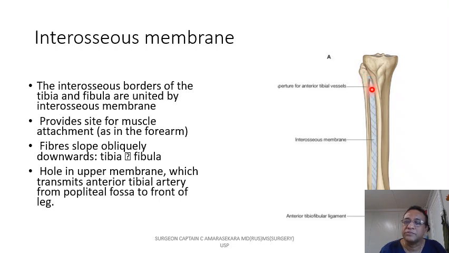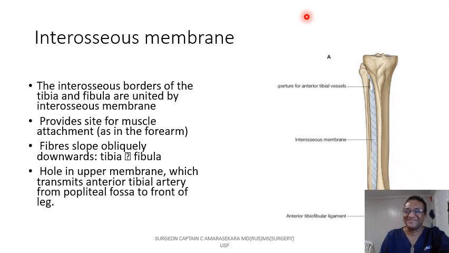In the superior portion of the interosseous membrane, there's an aperture for the anterior tibial vessels. This is a key vascular landmark, especially when assessing a trauma patient with compartment syndrome, and also when doing radiological mapping.